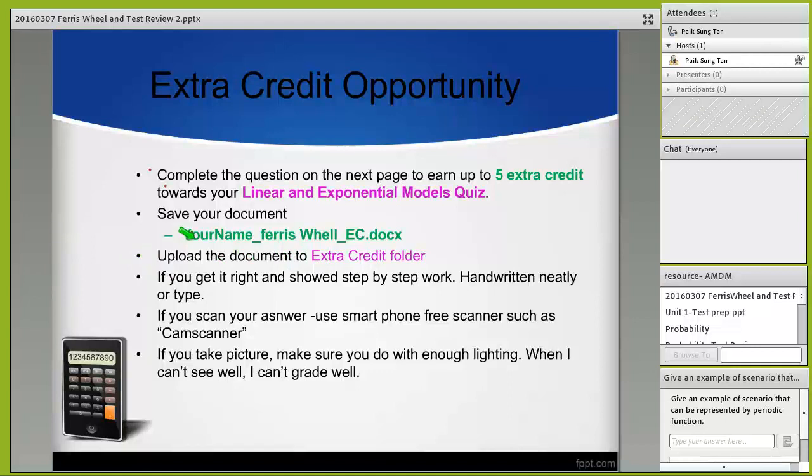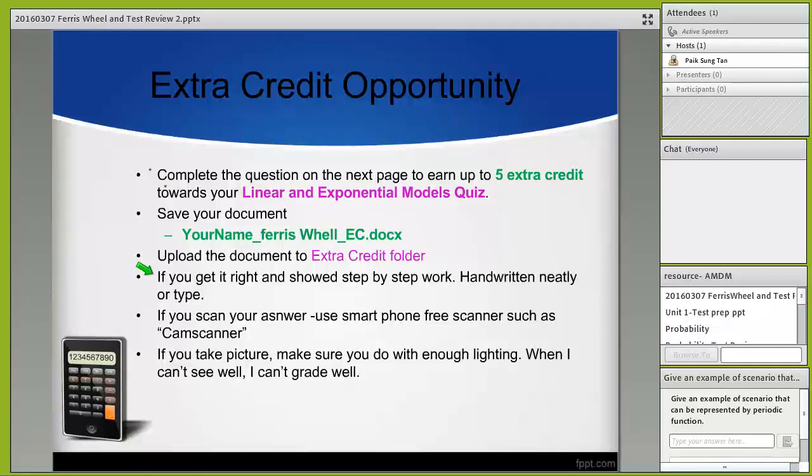If you get it right and show step-by-step work, you have to show me how you get the answer for each and every entry of the table. If there's only an answer, you get no extra credit, but extra work for me and for you.